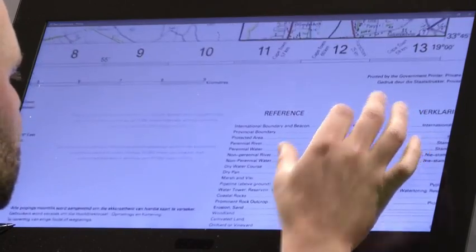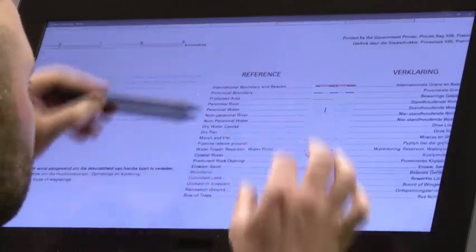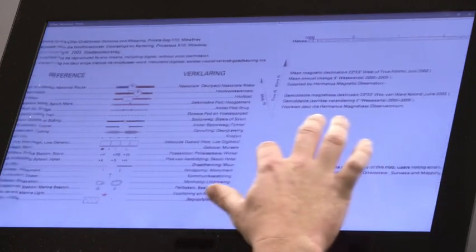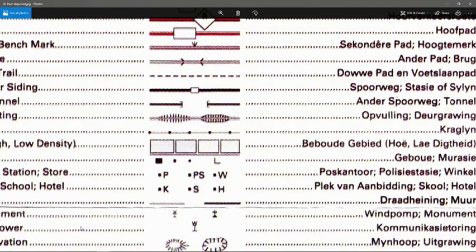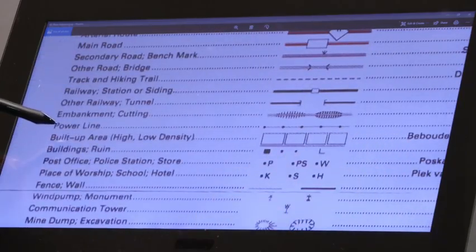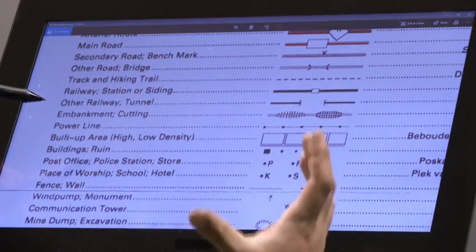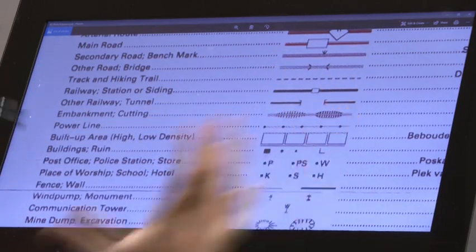And there you can see there's a provincial boundary over there, and your information regarding the power line will be there. So all the information that you need is basically on the map. Just go and look for it and look at the reference that they use so that you know what it is.